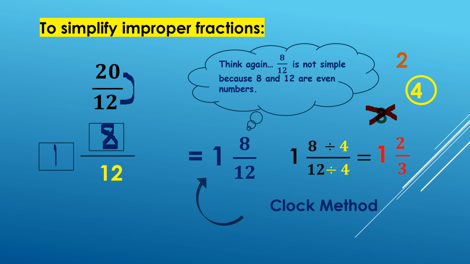What did I do? Just keep the 1. Do not change anything. You don't divide the whole number, by the way. You keep it the same. You just divide the numerator by 4: 8 divided by 4 is equal to 2, and 12 divided by 4 is equal to 3. And that's my simplest fraction.